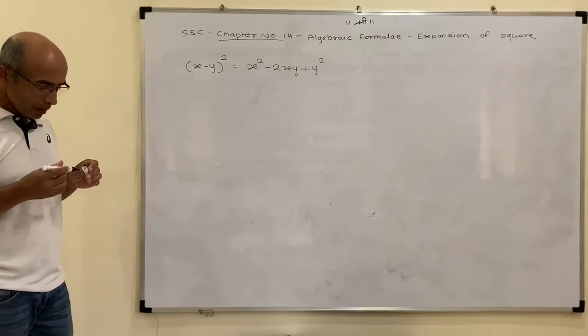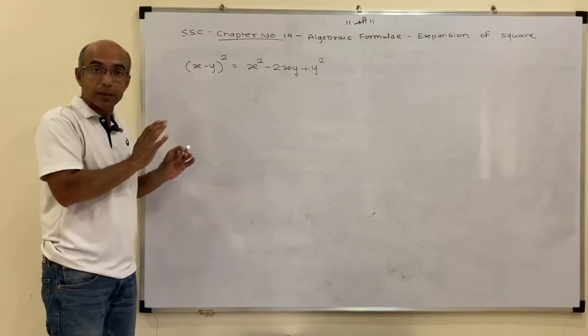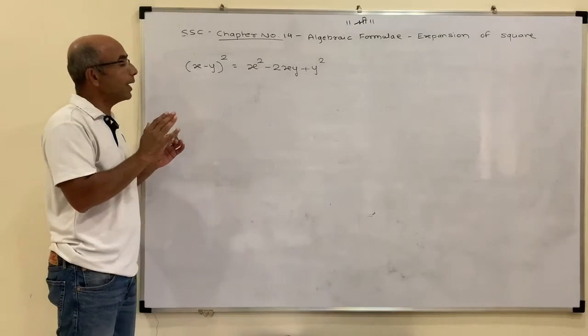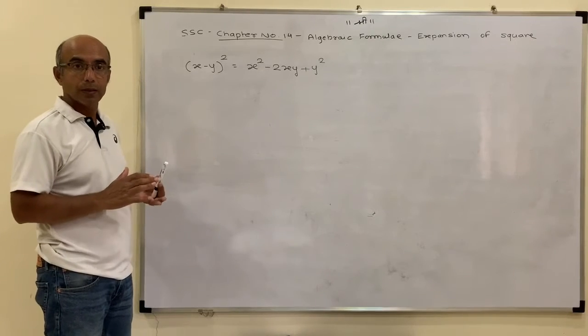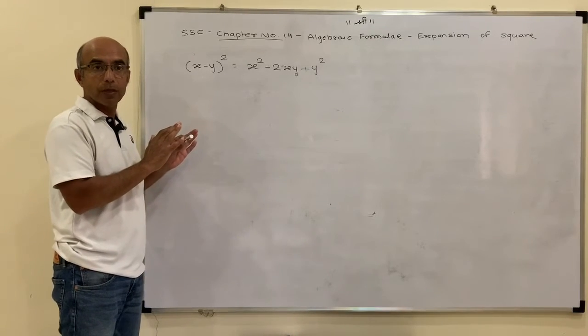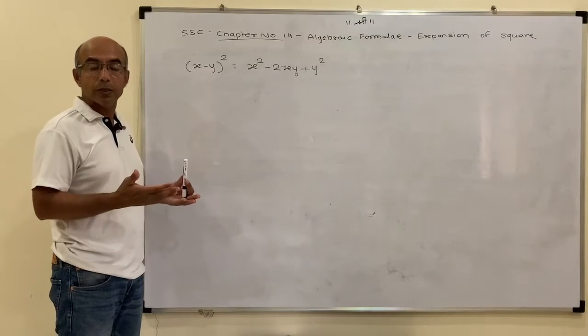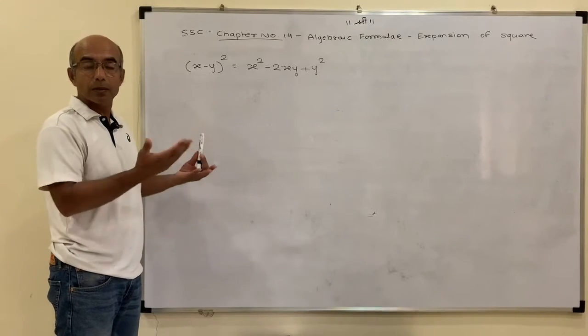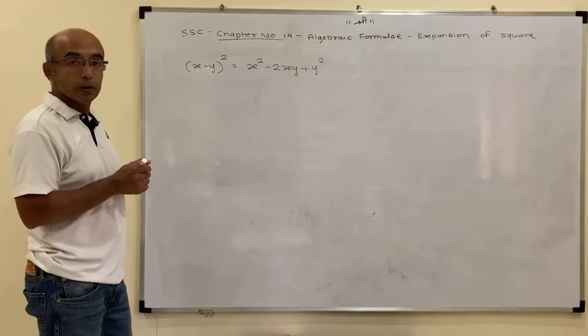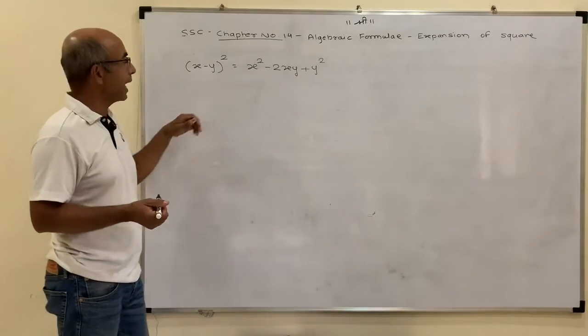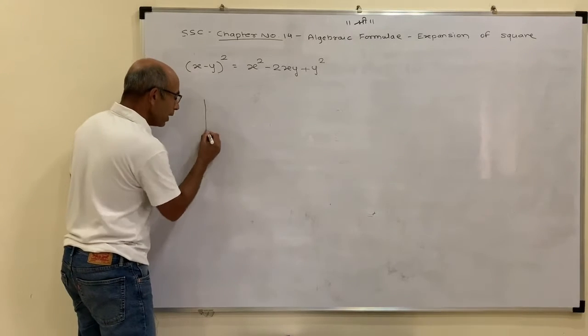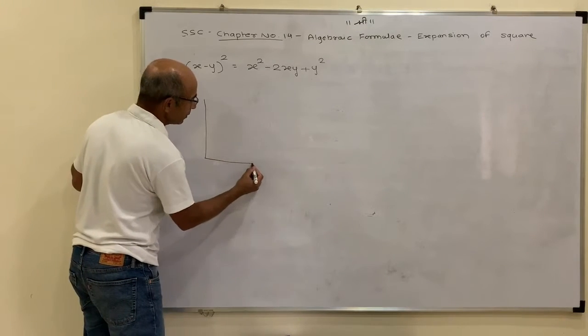Again, you need to learn this by heart, and don't try to find out what's the use of this in practical life or anything like that. These are mathematical formulas which will be used going forward in some other subjects. So now we are going to see how this stands true. Again, let's consider this is my square.